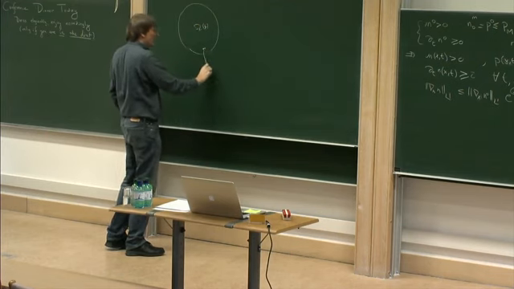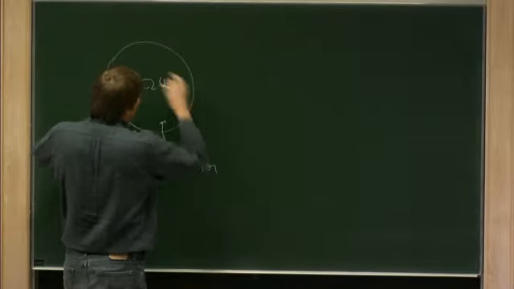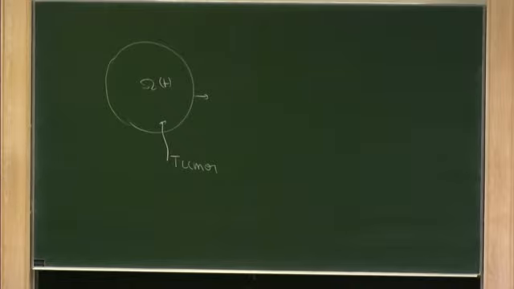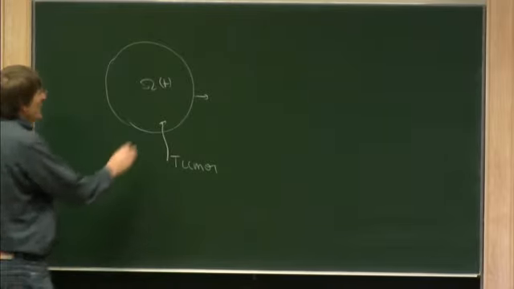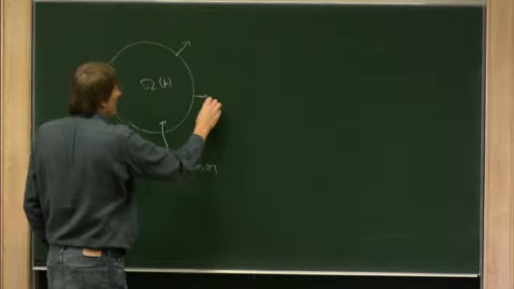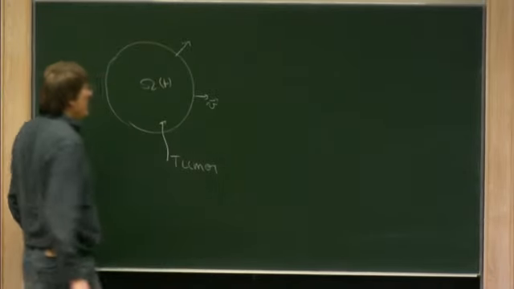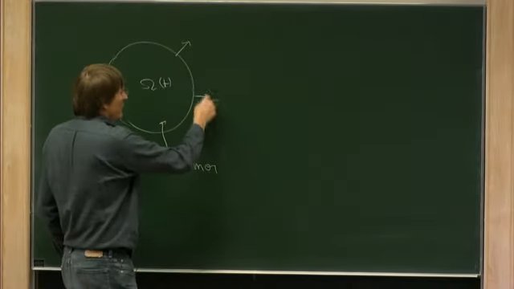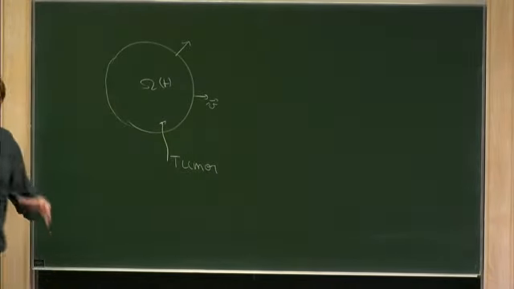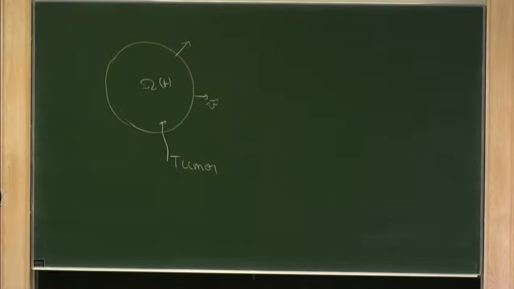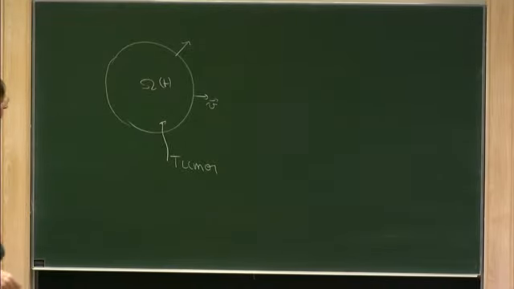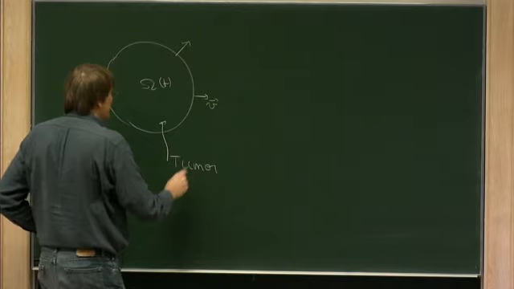So this is a tumor growing to invade the healthy tissue, and people give a velocity here to describe the growth of the tumor. So this is a very well-defined interface, and you can compute the tumor by just moving the interface.